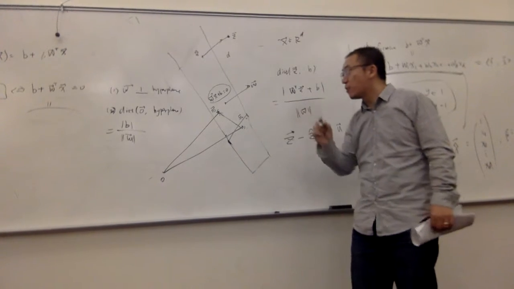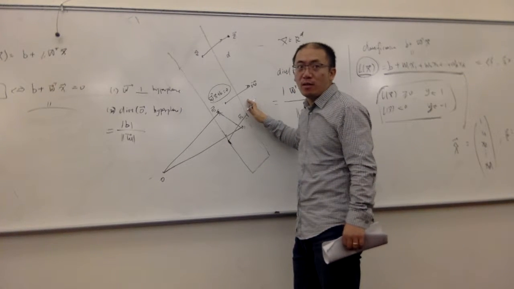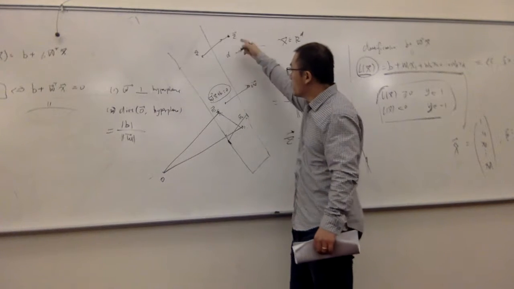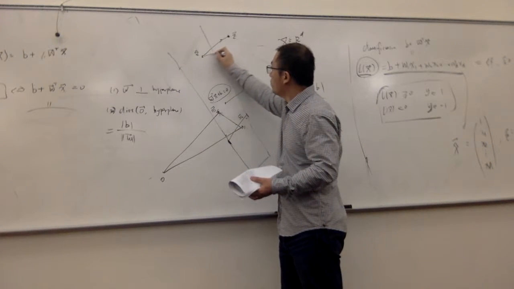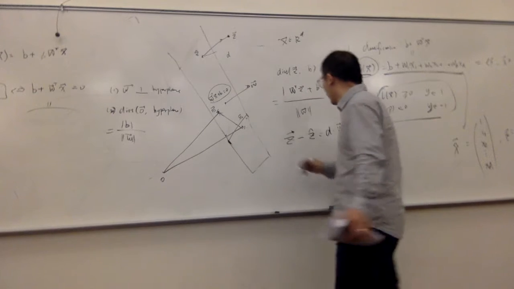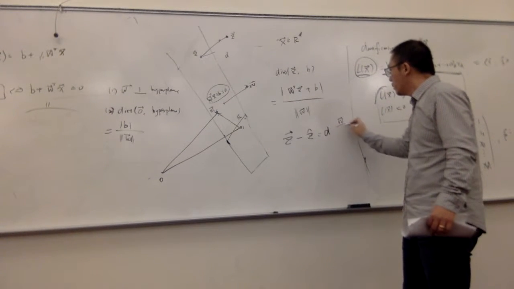But you should be careful that if z is on the same side as W, I mean the angle between z and W is less than 90 degrees, then you can directly use normalized W as your direction vector.